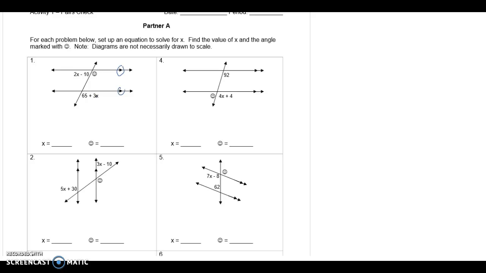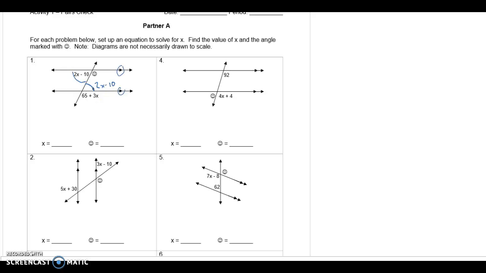Well, there's a couple things we can do. I do know that these angles right here are alternate interior. So if this angle is 2x minus 10, this one here has to be 2x minus 10 also. I also know that if two angles are right next to each other and they form a straight line, they're supplementary.